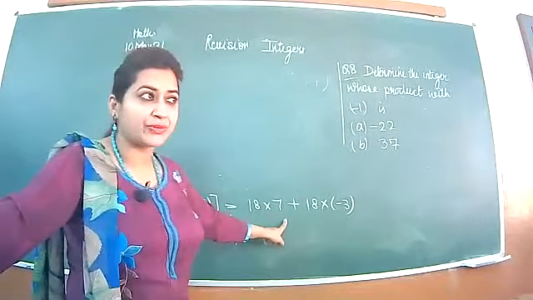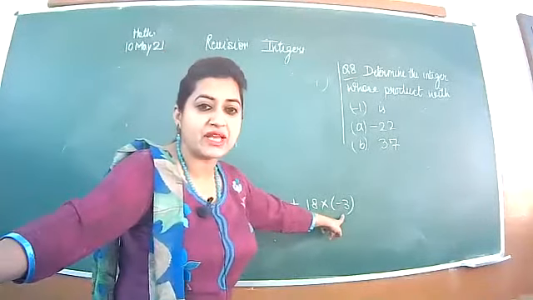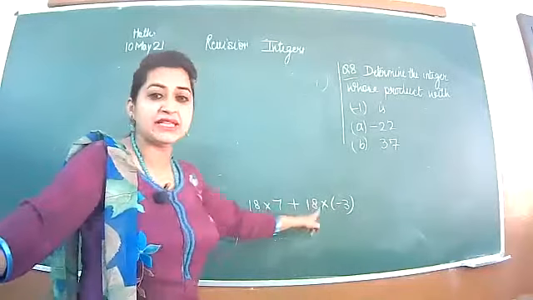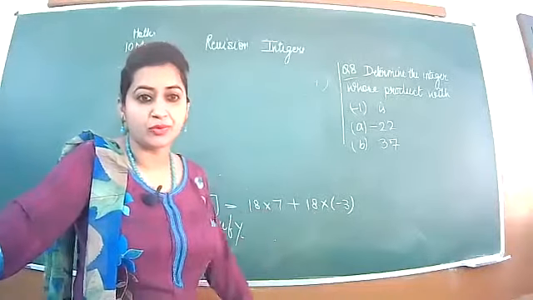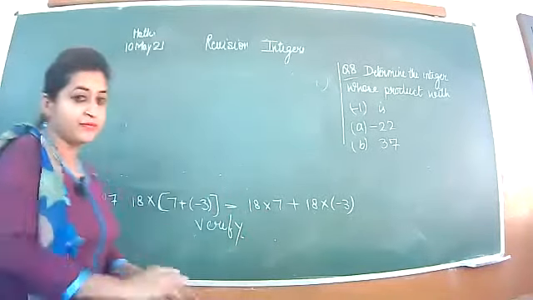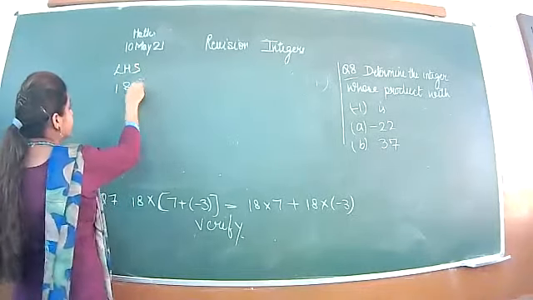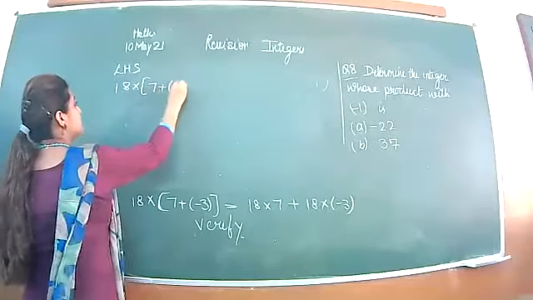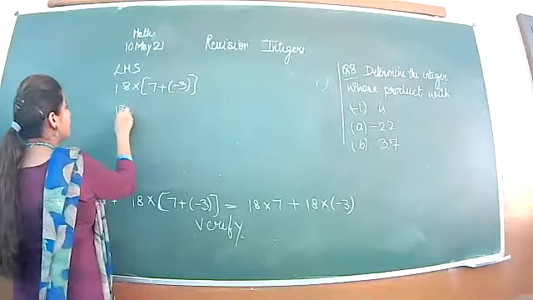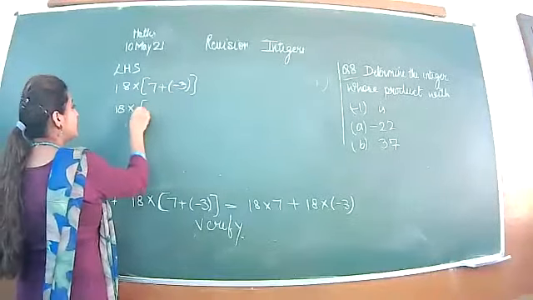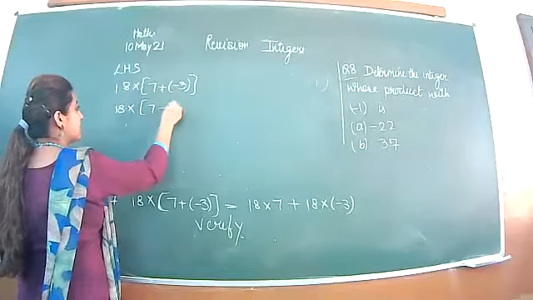18 sevens are 126. 18 threes are 54. 126 minus 54 is 72. On the left hand side, what you will do is 18 into 7 plus minus 3. When you open the bracket, the sign will change, plus minus minus.